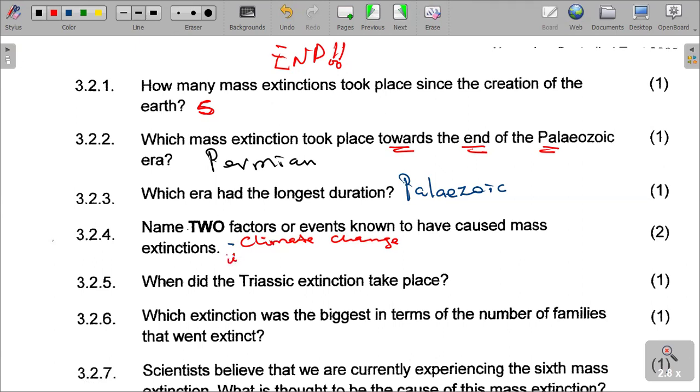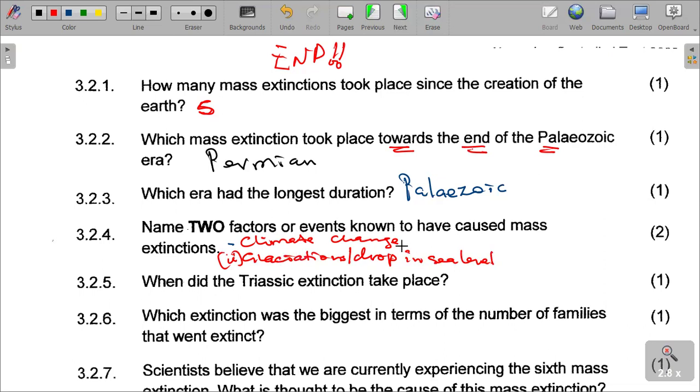We can also have two. It can also be because of glaciation, or drop in sea level. Glaciations, or drop in sea level, can also cause mass extinction.